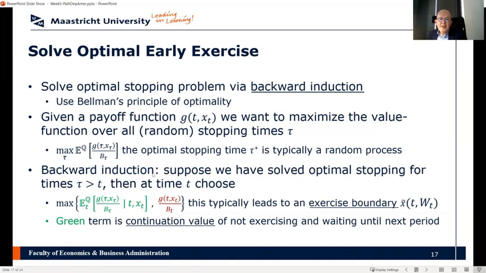The way to do that is to use backward induction. So suppose we have already solved our optimal stopping for times tau later than my current time t. Then what is my optimal choice at current time t? It is actually quite easy because I compute two things. I first say, suppose that I would not exercise today, then I get basically the value of the option in the next period, and I use this martingale pricing.